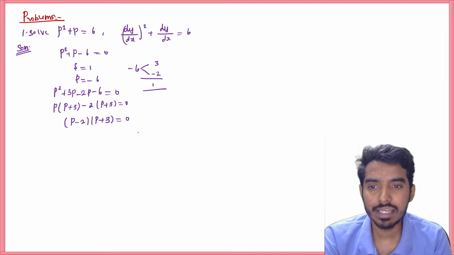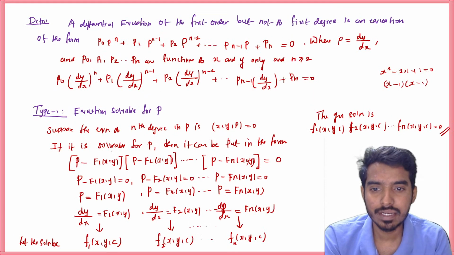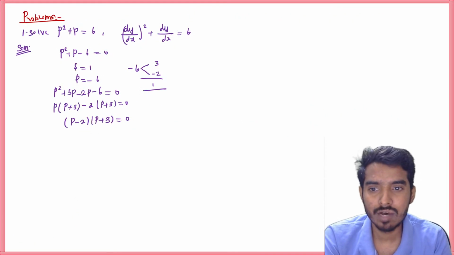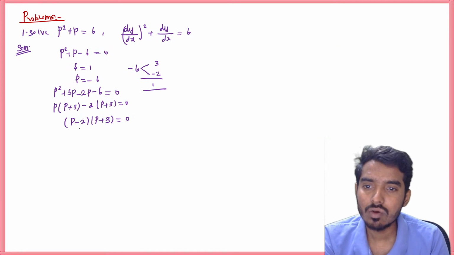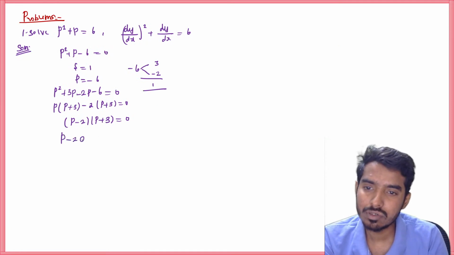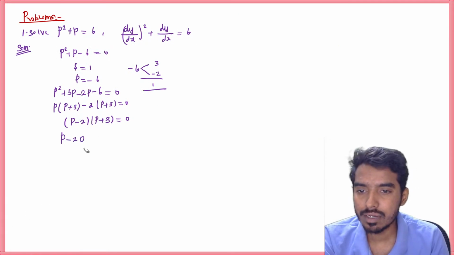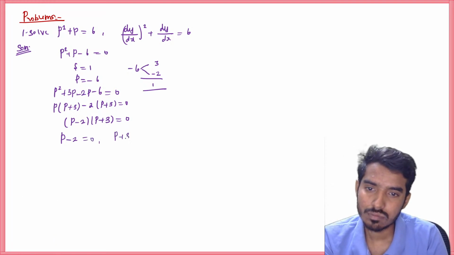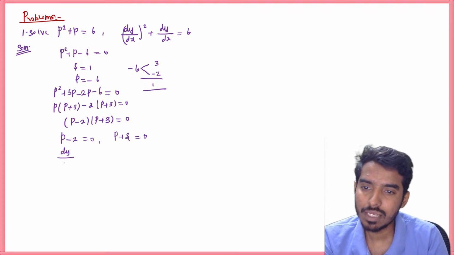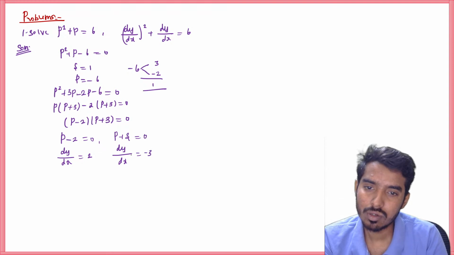You can see in this step it is solvable for p, because I have written it in the form p minus some function of x comma y, p minus some function of x comma y. Now you have to equate every term to be equal to 0. That means we have dy by dx equal to 2 and dy by dx equal to minus 3.